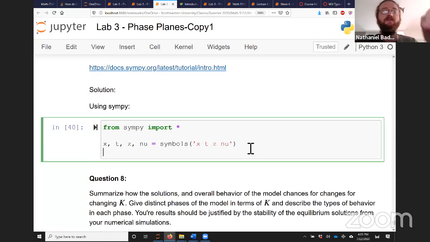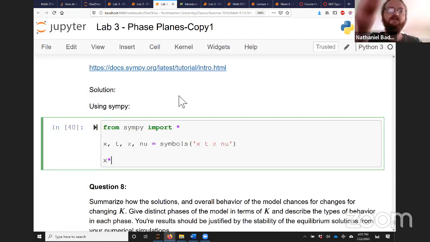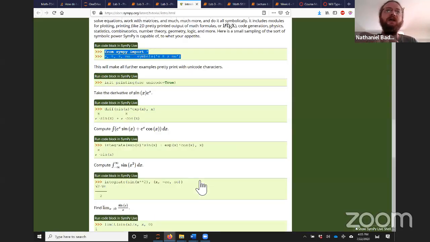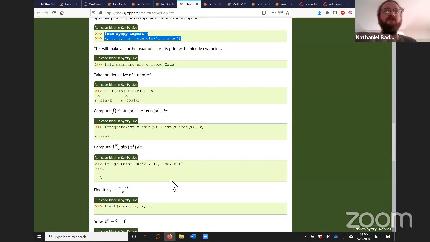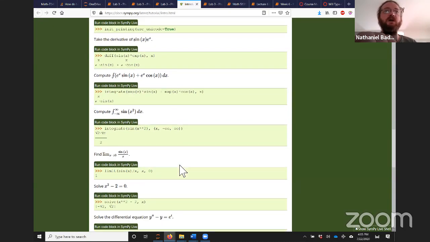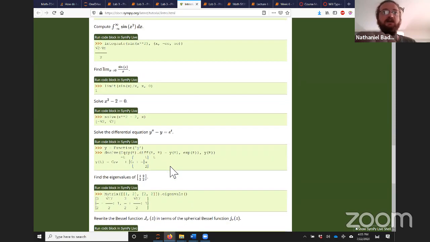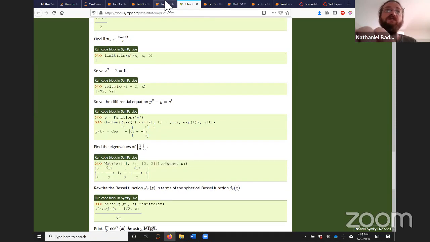You can define symbols, and then you can define expressions in terms of symbols. It plays very nicely with Jupyter. You'll notice that it's LaTeXed this up, right? It allows you to do all sorts of things, including differentiation, integration, solving differential equations symbolically, forming matrices.